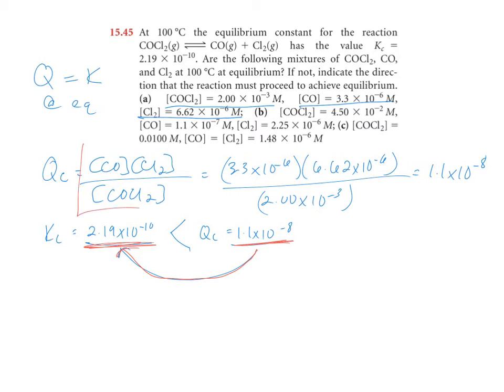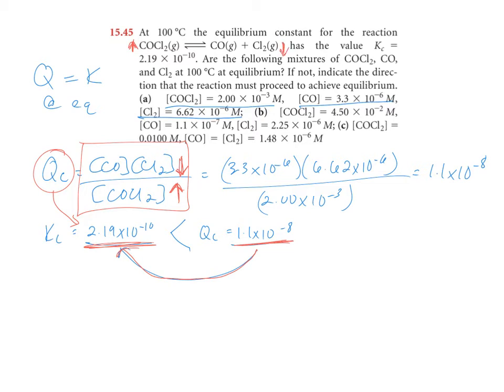Okay, we want this 10 to the negative 8th to go down to 10 to the negative 10th. So if we look at our fraction, in order to get this value to go down, my denominator must increase and my numerator must decrease. So in terms of the balanced chemical equation, that means your reactants must increase and your products must decrease.